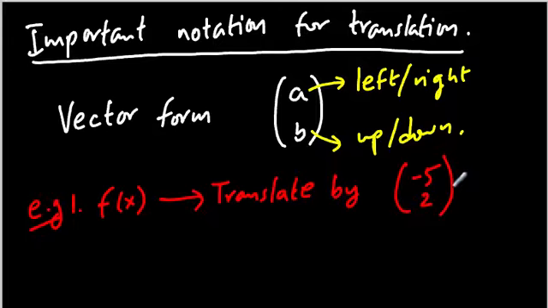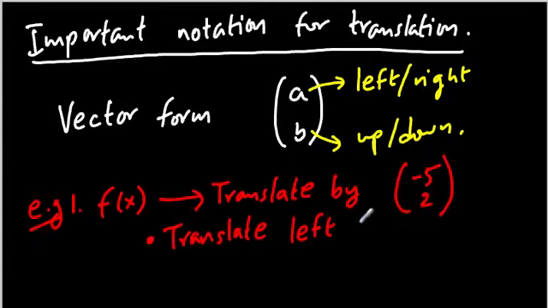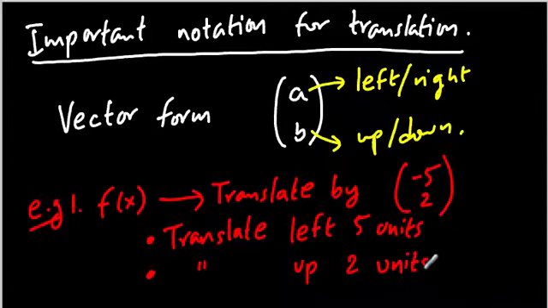What does that mean? Well, you translate left 5 units, since this is -5, exactly as you read it. And then you translate up 2 units. So it's exactly as you read it.